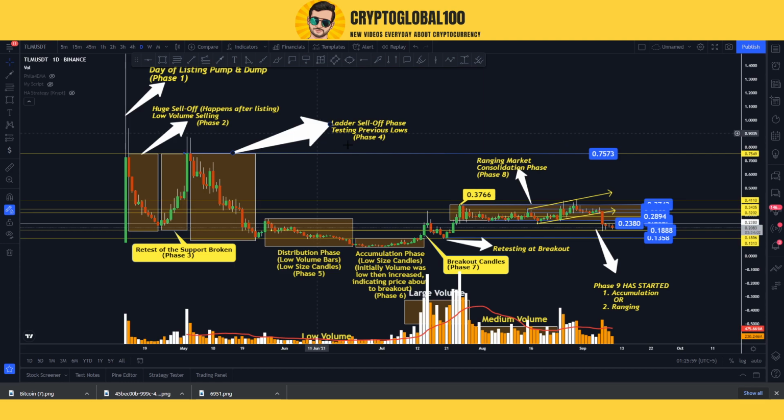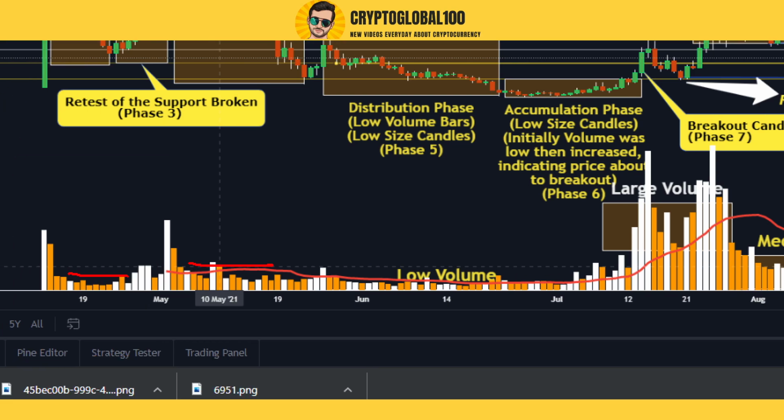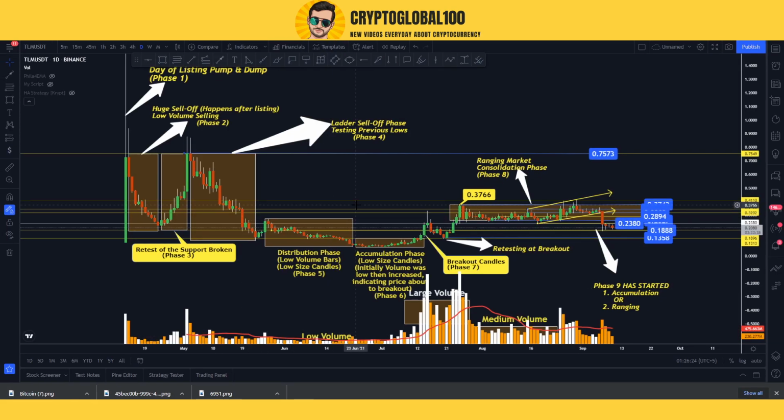Again the sell-off phase started. This was not the distribution phase, but you can call it the distribution phase, but as I told you, the volume was higher compared to this sell-off volume, so we can also consider this. Now I'm gonna tell you after a few moments why I'm not taking this as a distribution phase but a sell-off phase.